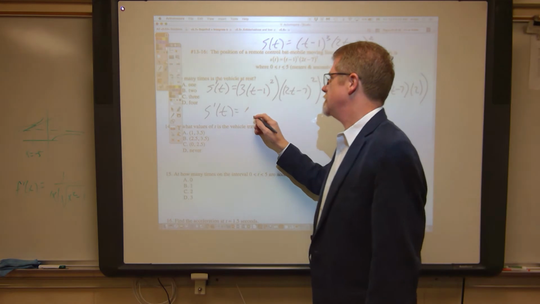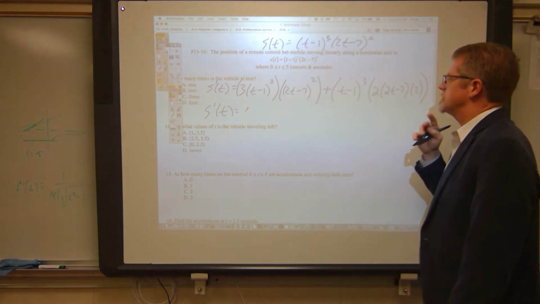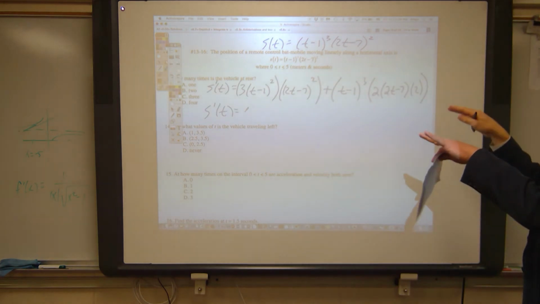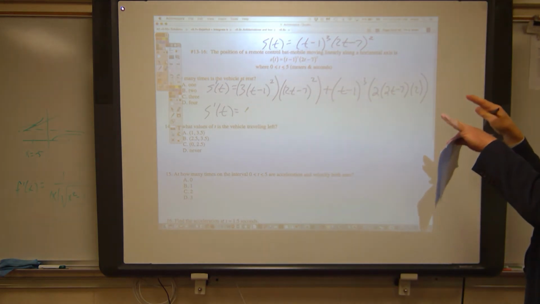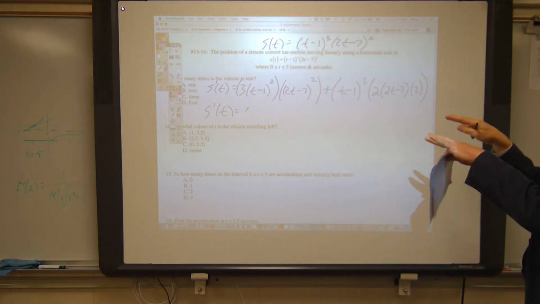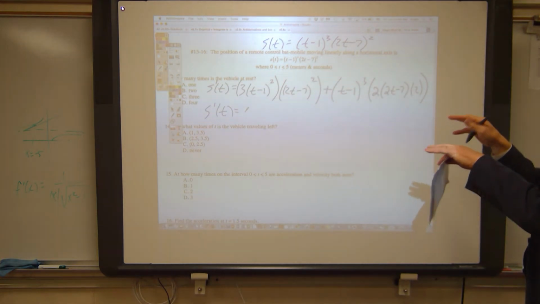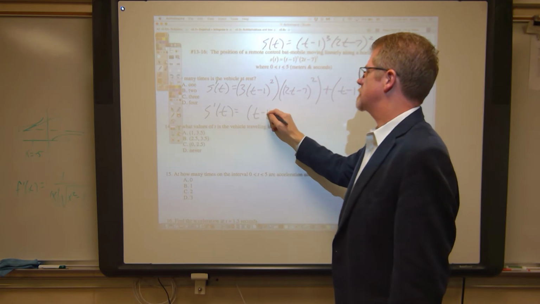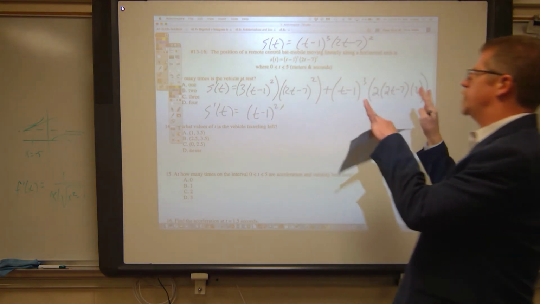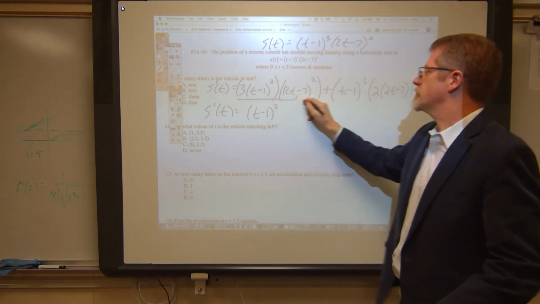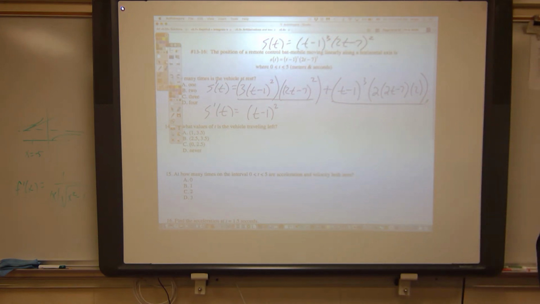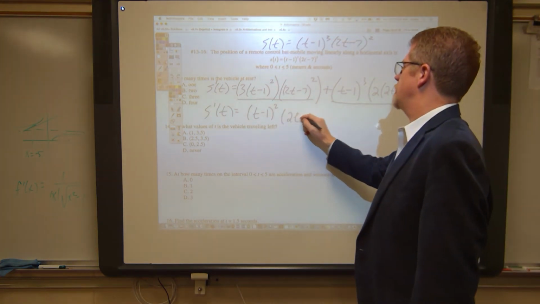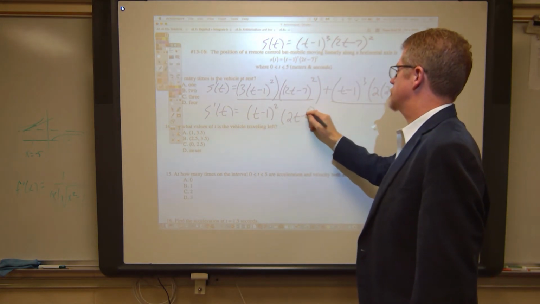Although, as I take a look at this, I'm going to factor out a t minus 1 squared times 2t minus 7. In terms of the greatest common factor, there's a t minus 1 squared in both terms. Think of this as the first term, that's the second term. There's also a 2t minus 7 in both terms.